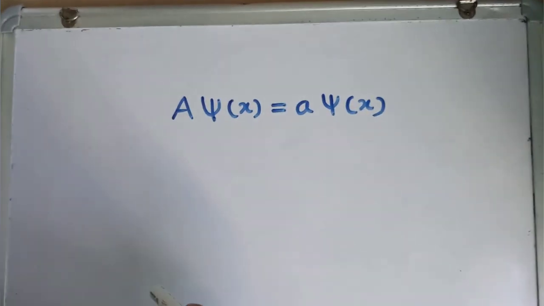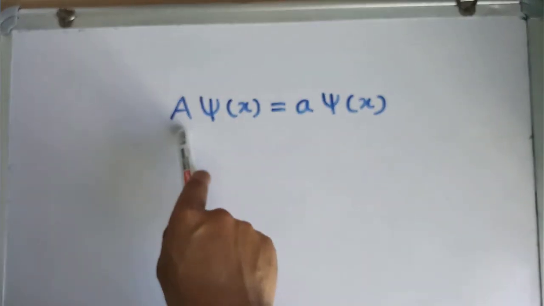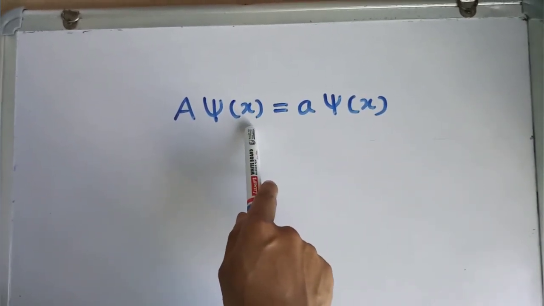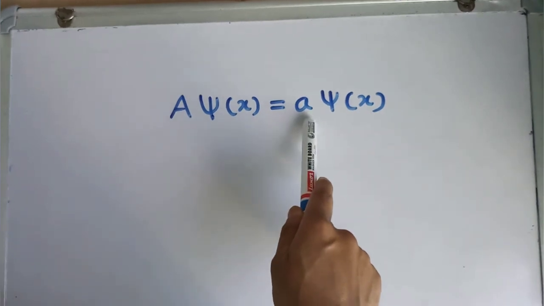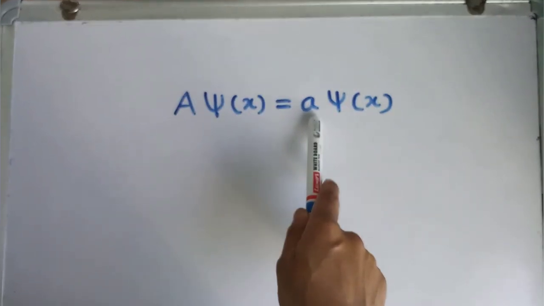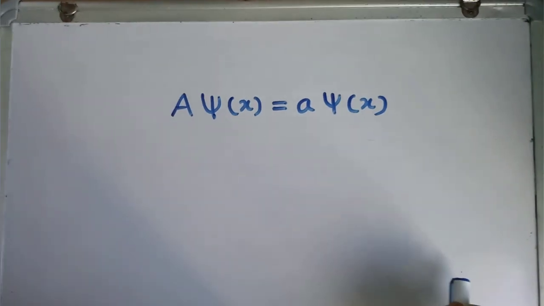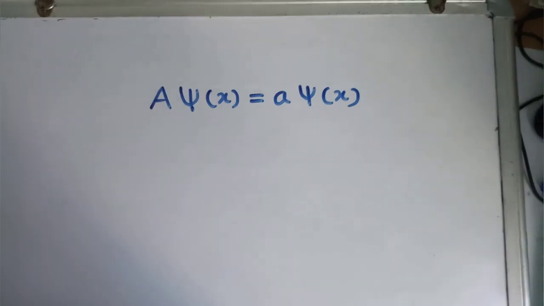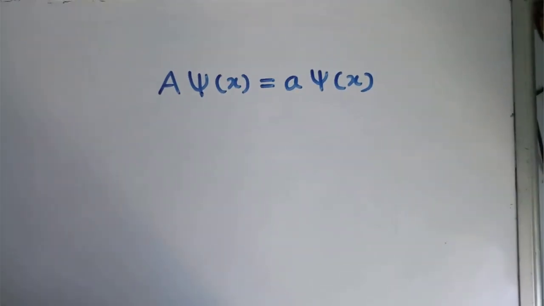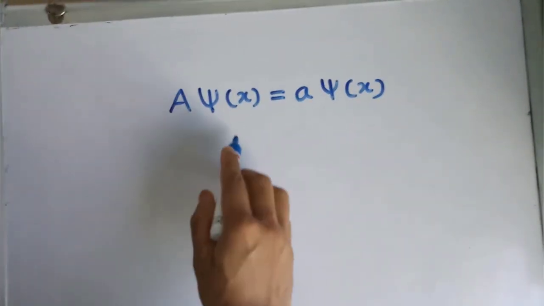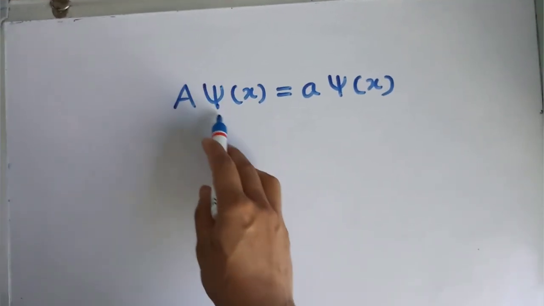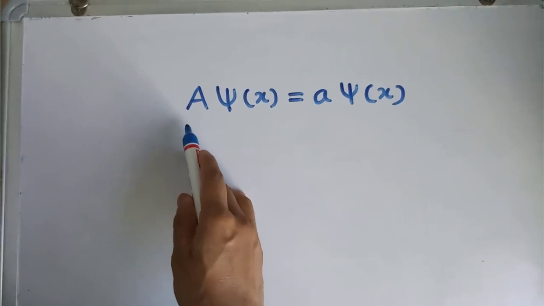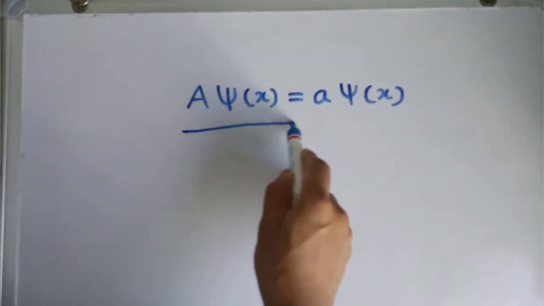Here A is your operator, psi(x) is called the eigenfunction, and small a is the eigenvalue. Normally, when you operate any function, suppose psi(x), by any operator, suppose A, you will get this type of relation.